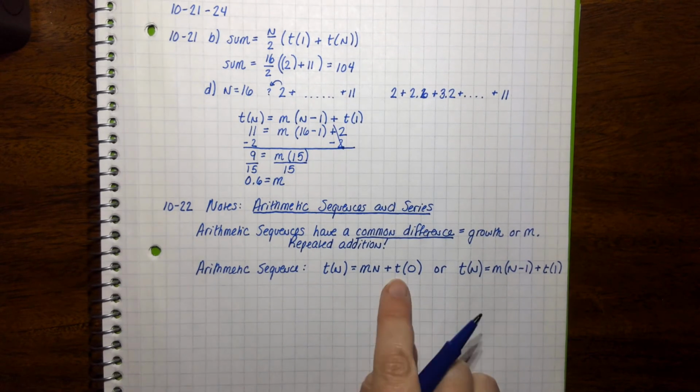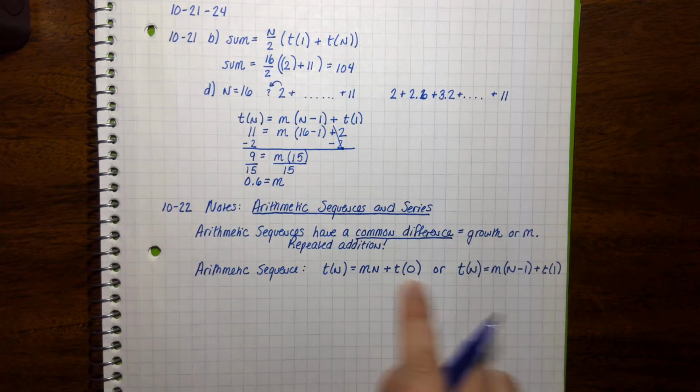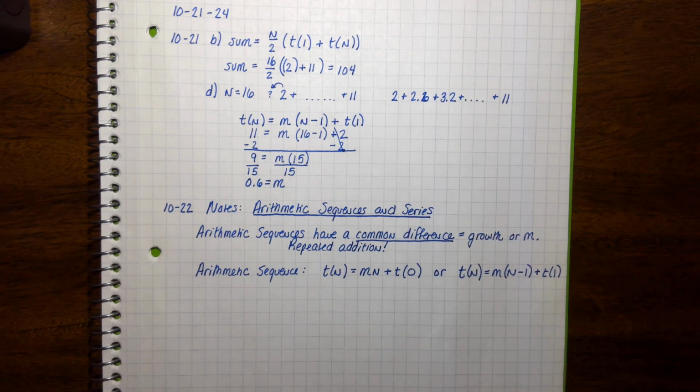Okay, so this one is nice because if you're graphing or something, you have the y-intercept here. This one's nice because you don't need the 0th term to be able to write it. So either one is fine.